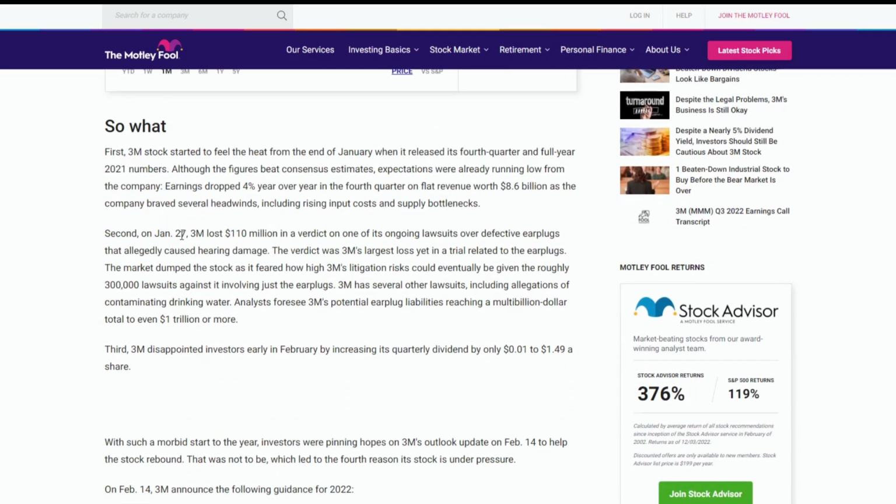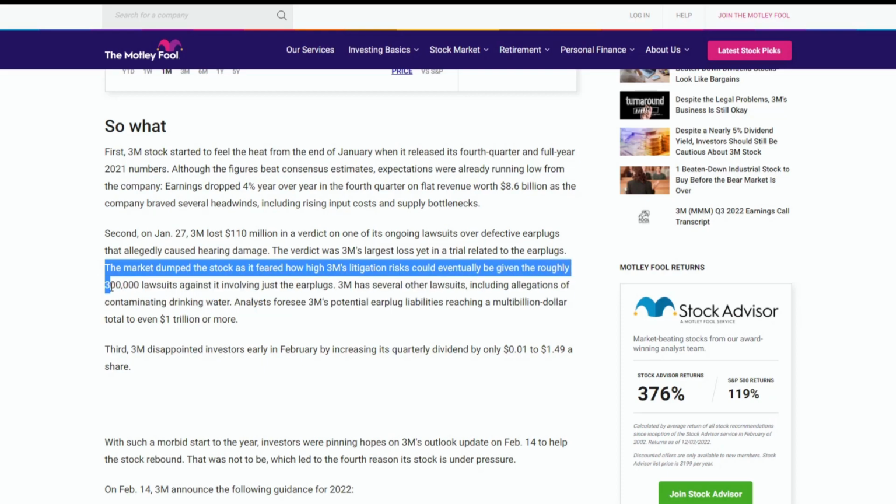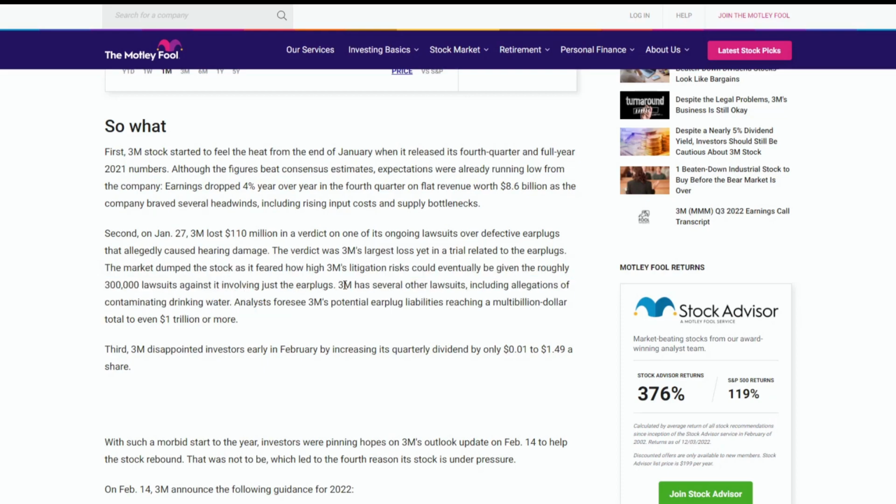It says that on January 27th, 3M lost a $110 million verdict in one of its ongoing lawsuits over defective earplugs. The market dumped the stock as it feared how high 3M's litigation risks could eventually be, given the roughly 300,000 lawsuits against it involving just the earplugs. 3M has several other lawsuits, including allegations of contaminating drinking water.